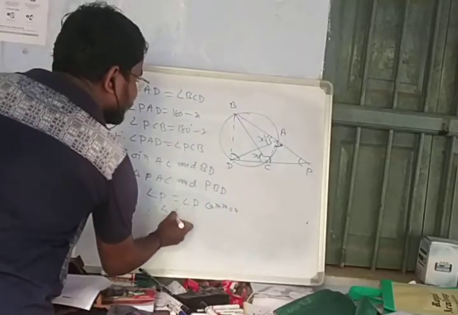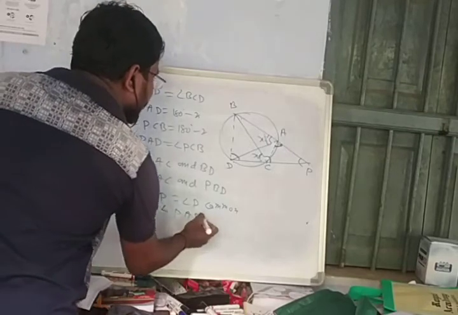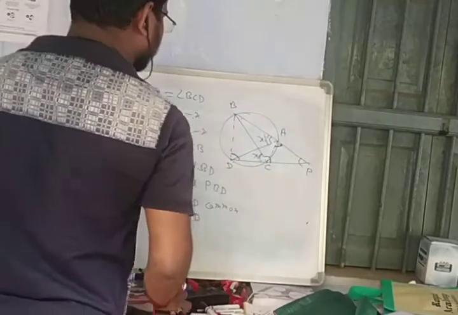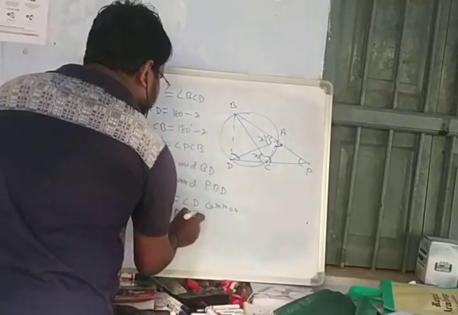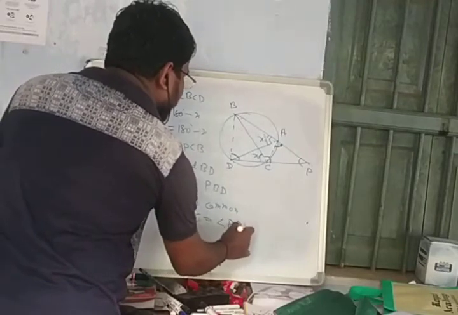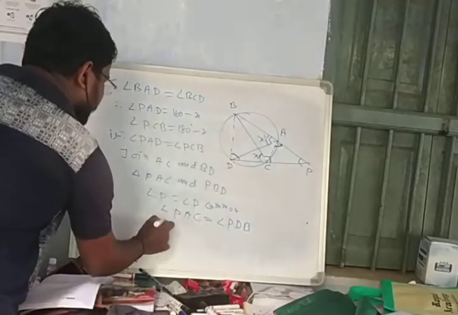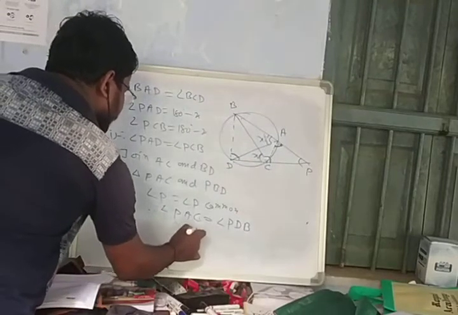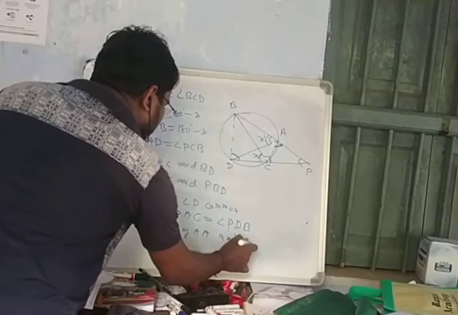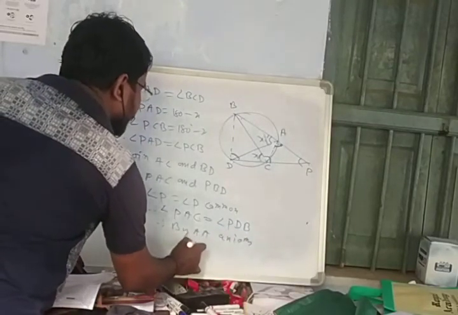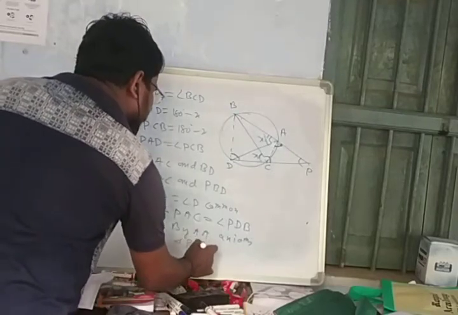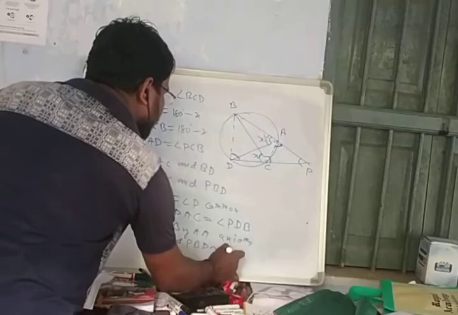Therefore, we can write PAC, this exterior angle, equals PDB. Therefore, by the AA axiom, triangle PBD is similar to triangle PAC.